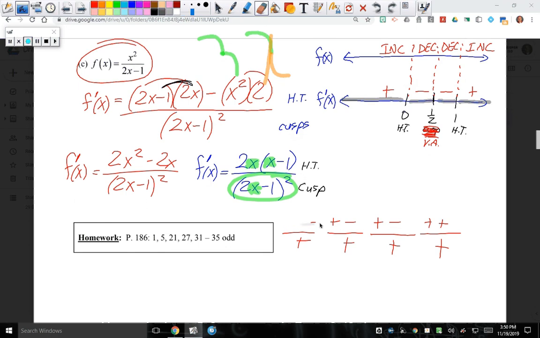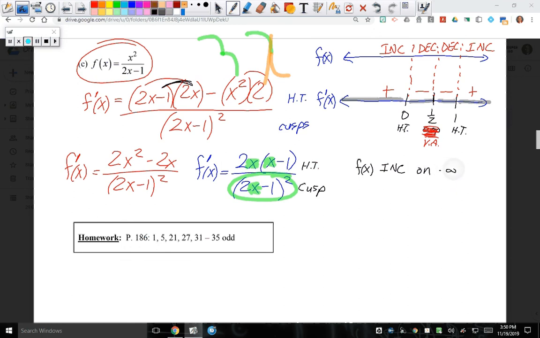Okay, here we go. So now, let's go to the pieces that we know. f of x increases on negative infinity to 0, union 1 to infinity, because f prime of x is positive.